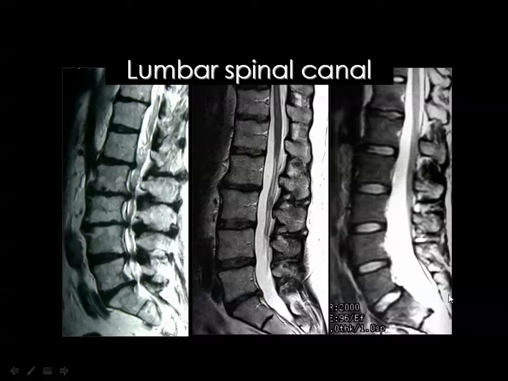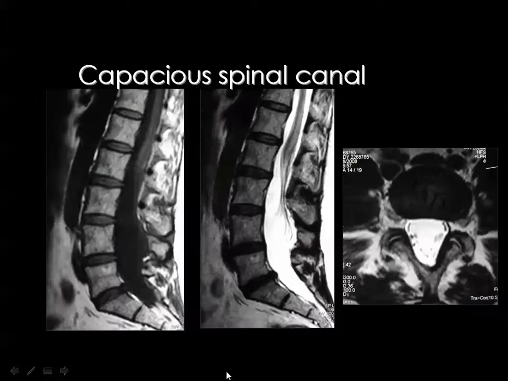This type of the spinal canal is what we call the capacious spinal canal, where the anteroposterior diameter is 2 centimeters or more. And you remember, this type of canal is one of the causes of low back pain because of the ectasia of the cecal sac, which is not adequately supported by bone.